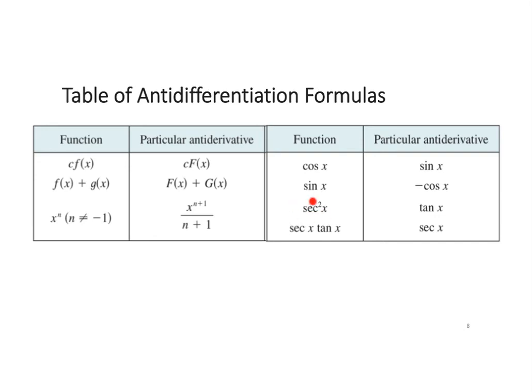So the antiderivative of secant squared x is tangent of x. And secant x tan x we should also recognize as the derivative of some function. Turns out that that function is secant x. Now you might be wondering, why don't we talk about the antiderivative of secant x? Well, that will come in Calc 2, strangely enough.